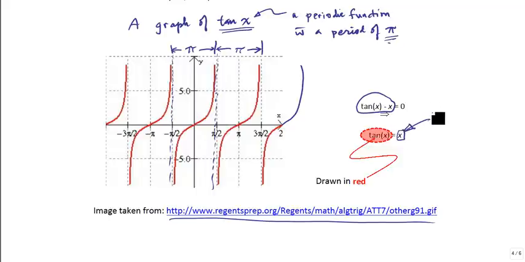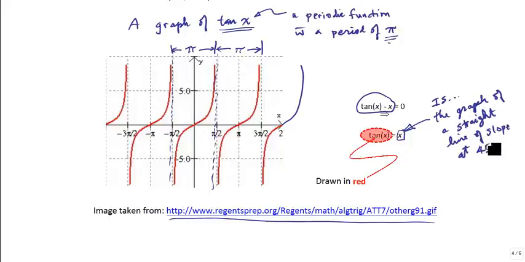So the graph of x is going to be a line, a straight line of slope at 45 degrees. That is to say that when I go over pi over 2 radians on the x-axis, I'm rising up pi over 2 radians on the y-axis.